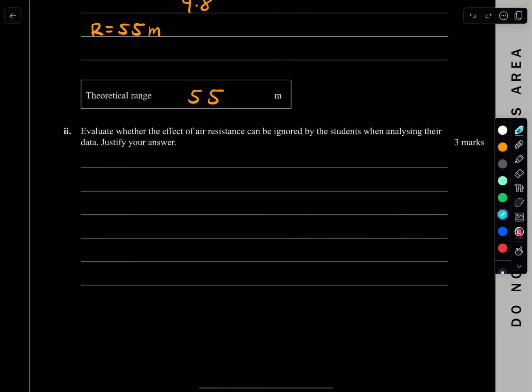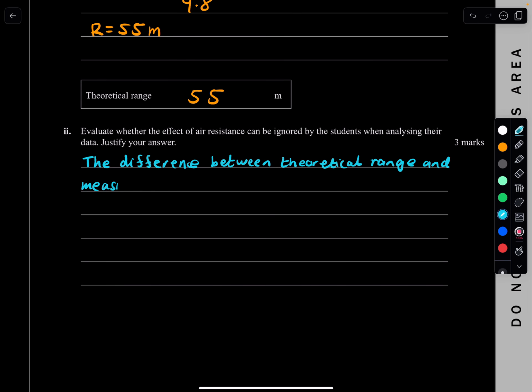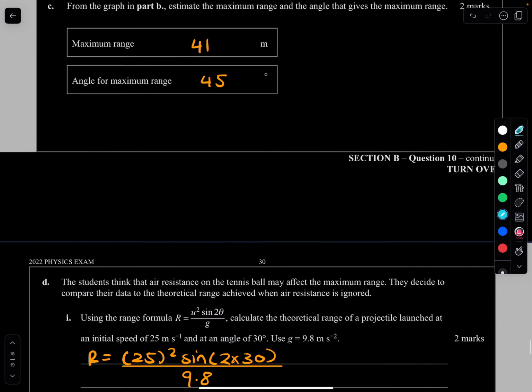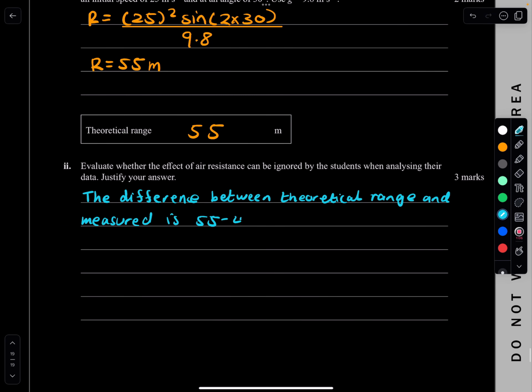All right. So, the difference between theoretical range and measured is 55 minus 41, which is a 14 meter difference, basically.